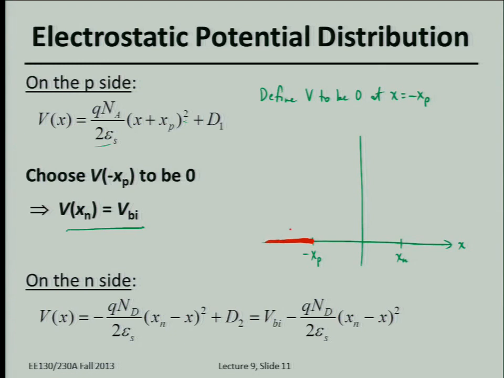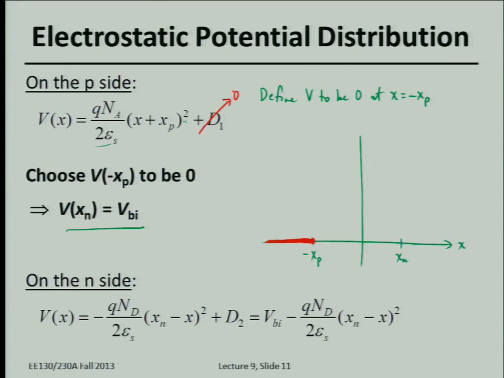There's no electric field in the quasi-neutral P-type region, so there's going to be negligible voltage drop there, and the potential will be 0 right here at the edge of the depletion region. If that's the case, then what is D1? If you plug in x equals minus x sub p, yes, it's 0. Very good.